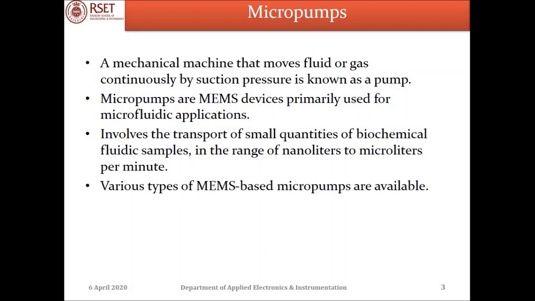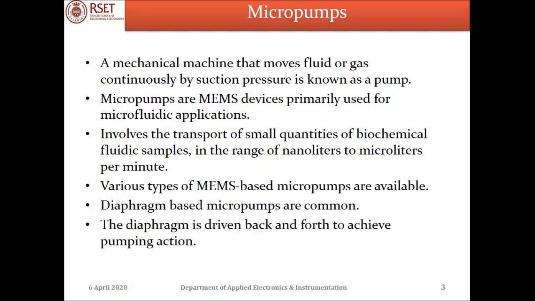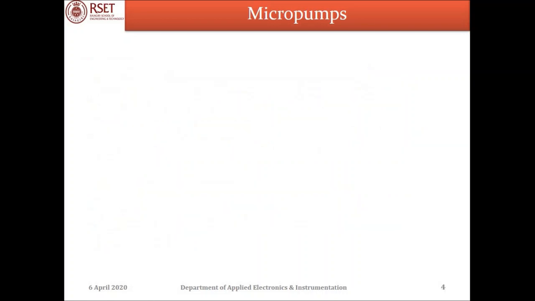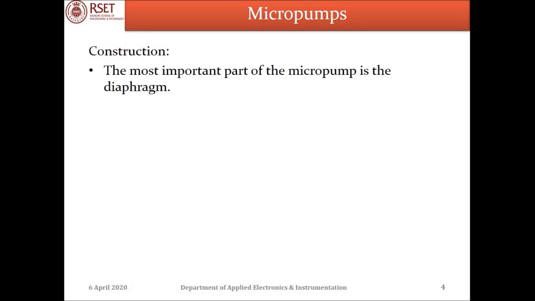Various types of MEMS-based micropumps are available, out of which the diaphragm-based micropumps are very common. The diaphragm can be driven back and forth to achieve the pumping action. Let us now look into the construction of one such micropump.